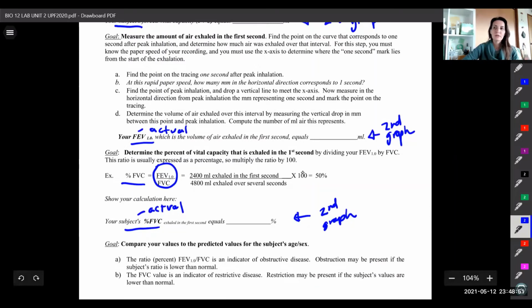And now if we were in the lab, for instance, what we would do is we could get the predicted values for all of these things for the individual's age and their sex based on normal values that we would have on charts or what have you. Since you don't have those charts available to you, then we're going to use the bottom one as the actual individual's measurements.